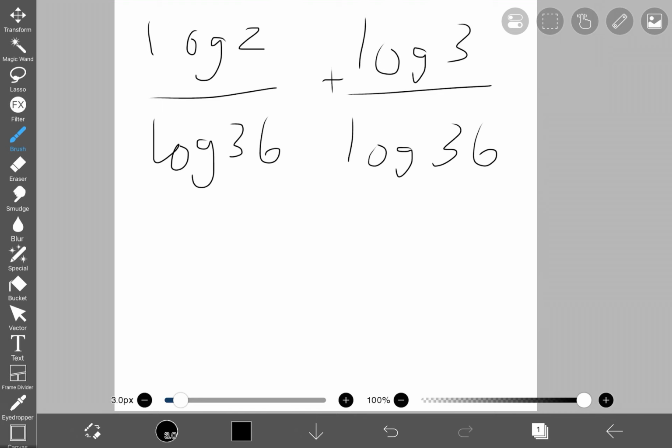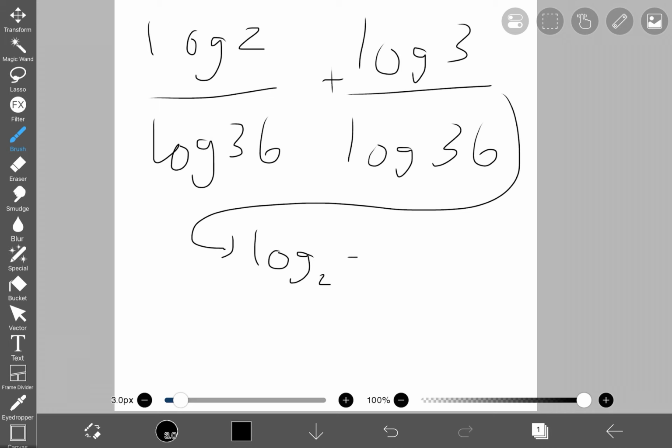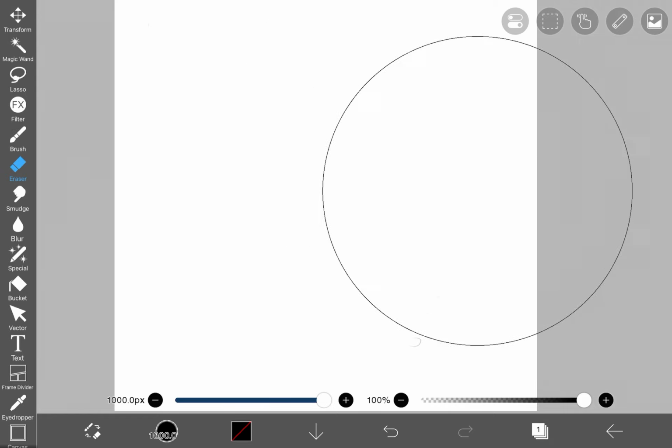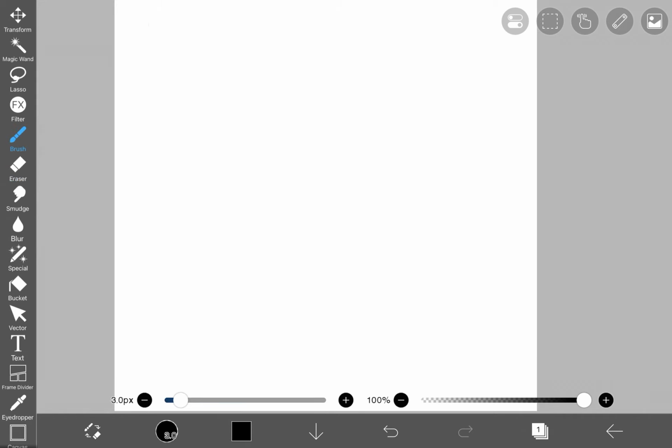And then once you take these two, they can turn into log 2 plus log 3 over log 36. And here's the thing about logs that's kind of neat: if there are two logs with the same base, you can actually multiply the arguments together to get a nice clean number.